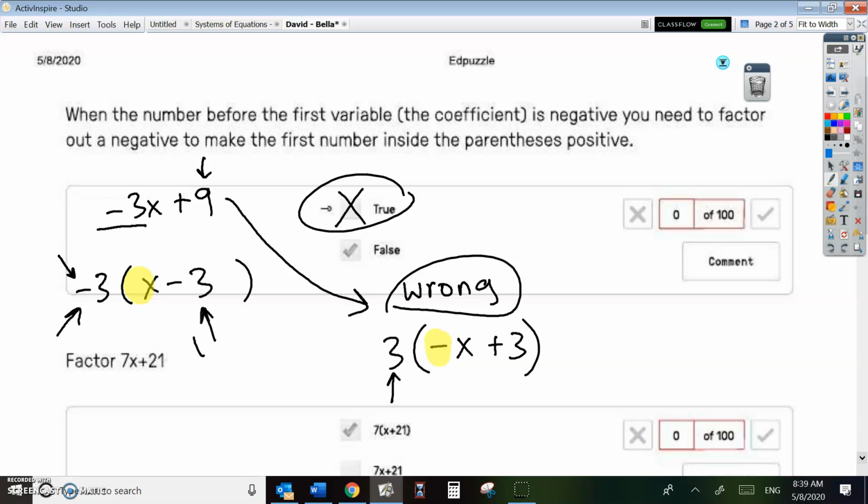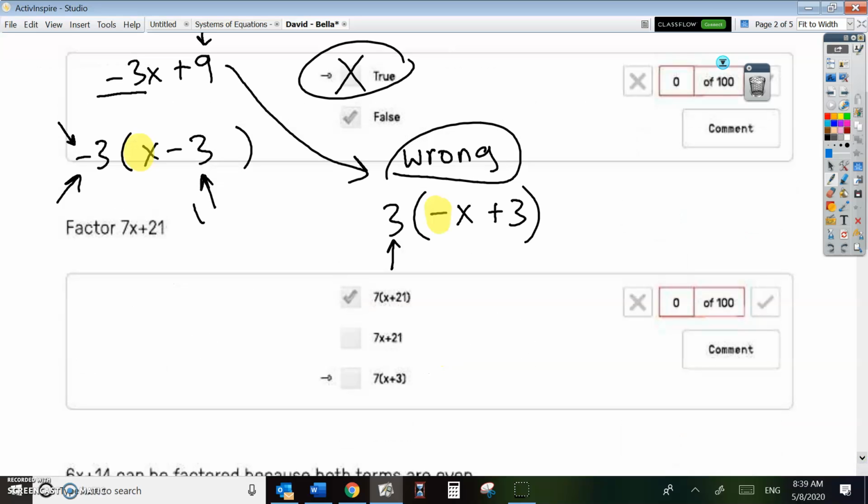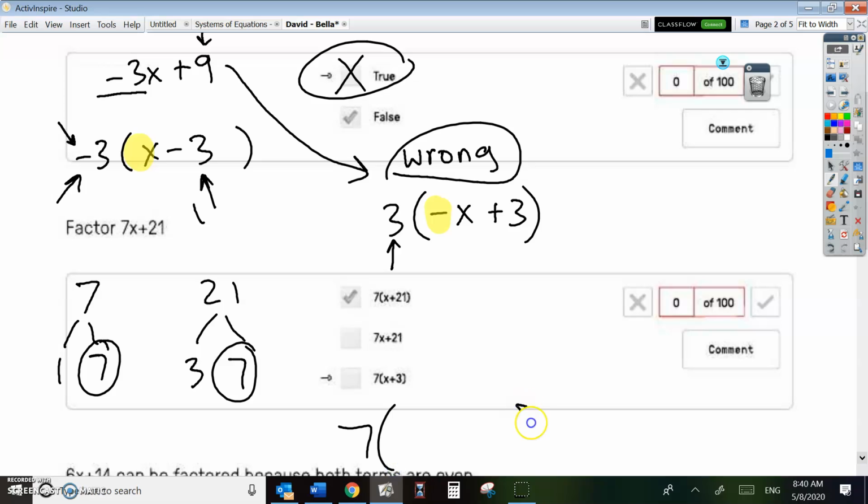Okay, 7x plus 21 is our next problem. Factor that. So 7 and 21 both have a factor of 7. 1 times 7 and 3 times 7. Because they both have a factor of 7, 7 goes outside the parentheses.